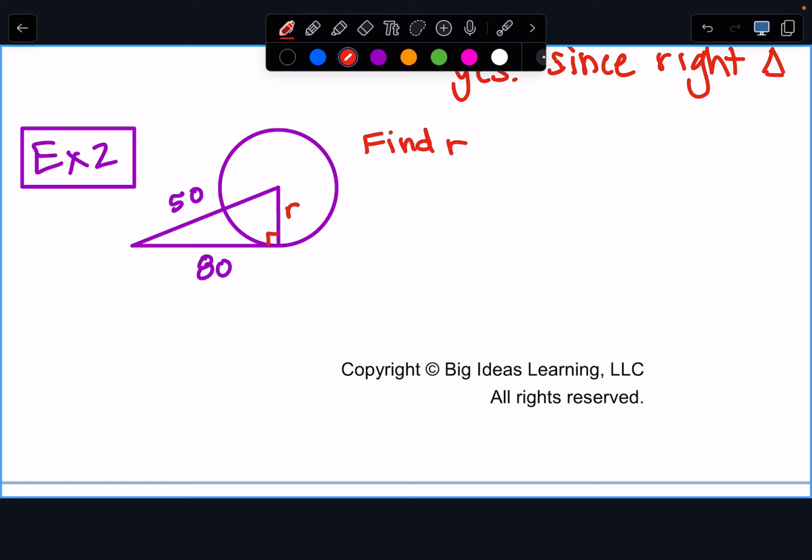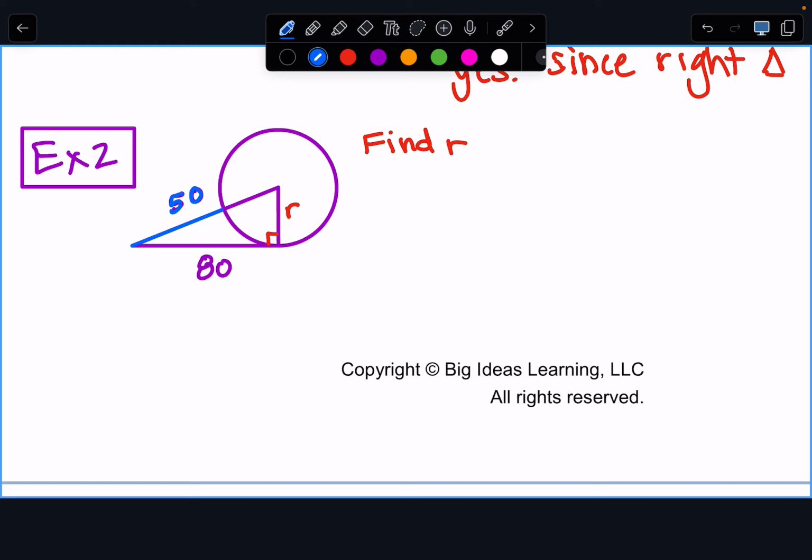Okay, I want you to draw this picture, and we are going to do some algebra to figure out what our radius is. It's 18 squared plus r squared equals 15. How does that make sense? Shouldn't 80 be the hypotenuse because it's longer?